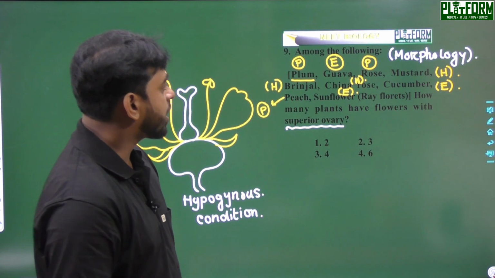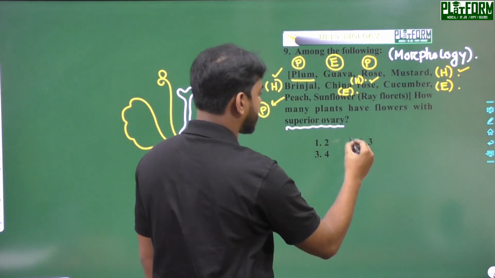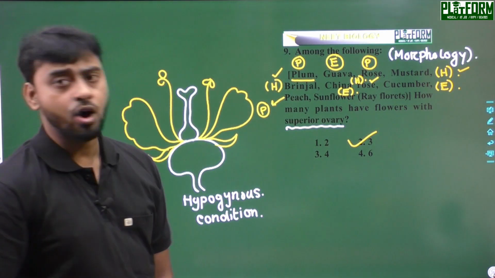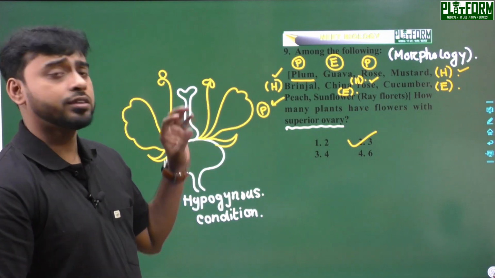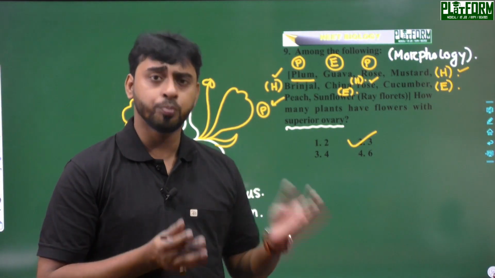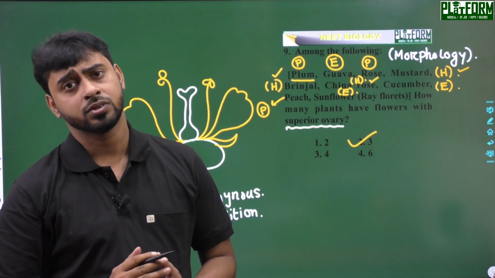So the answer will be 1, 2 and 3. So the answer will be option 2. Among them, only 3 members have a superior ovary, that means the hypogynous condition.